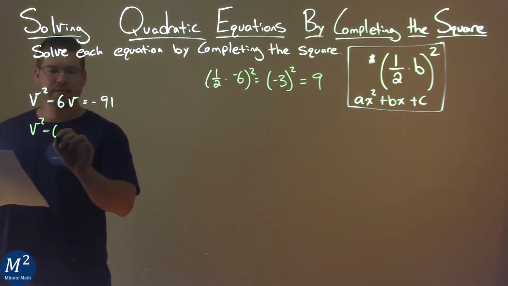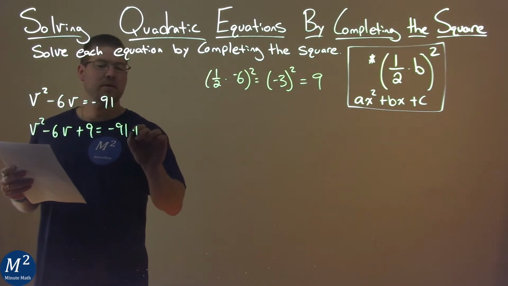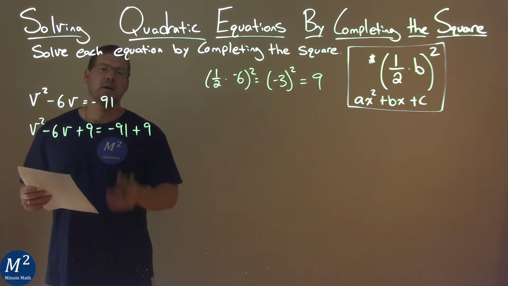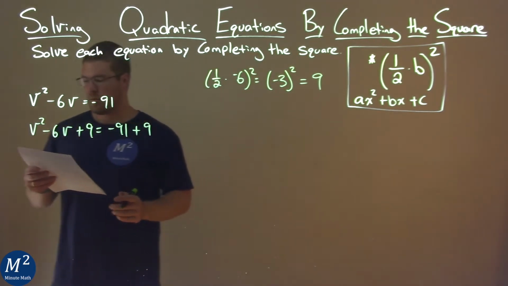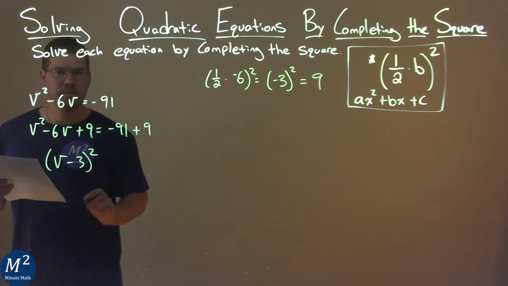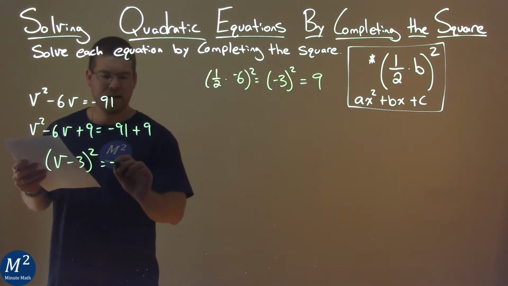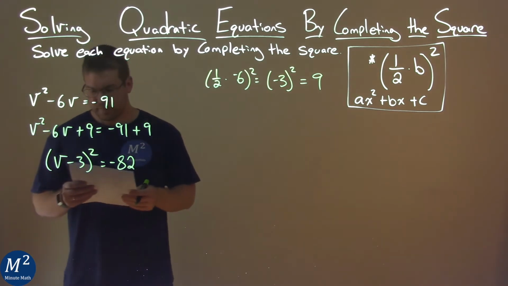v squared minus 6v plus 9 equals a negative 91 plus 9. Now the left-hand side is a perfect square. It becomes v minus 3 all squared, and that's equal to a negative 91 plus 9, a negative 82.